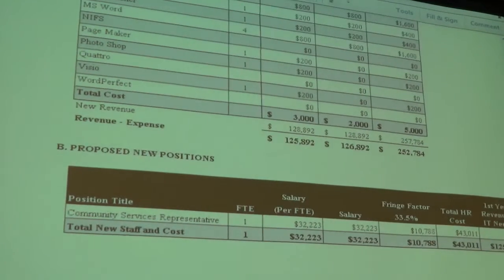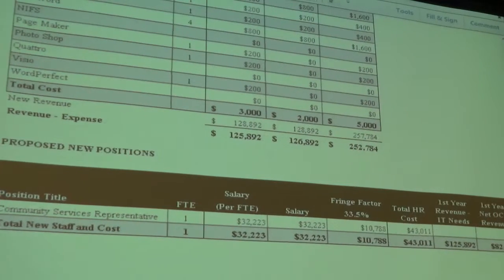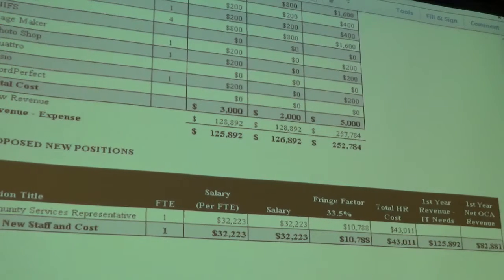Similar to the other division, we added a new person. This is a net per FTE, so this is an individual that was going to be full-time, 33,000 plus the fringe factor for benefits. So the total cost of this individual would be 43,000. Total cost of the position would be 43,000.